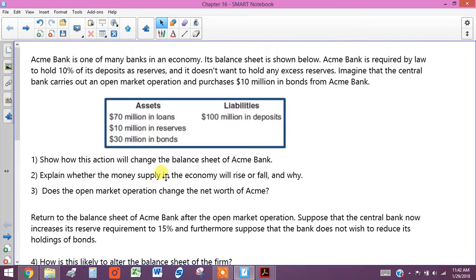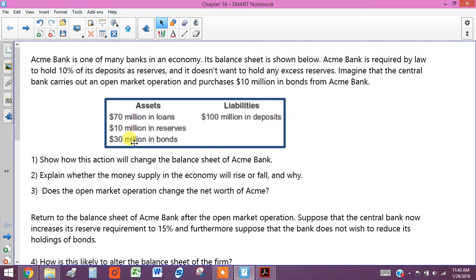So how will this action change this balance sheet? Well, it's going to cause their dollar amount of bonds to go down by 10 million, and if they're not going to hold any of the money that they gain in excess reserves, then it's going to enable them to loan out $10 million more in loans.